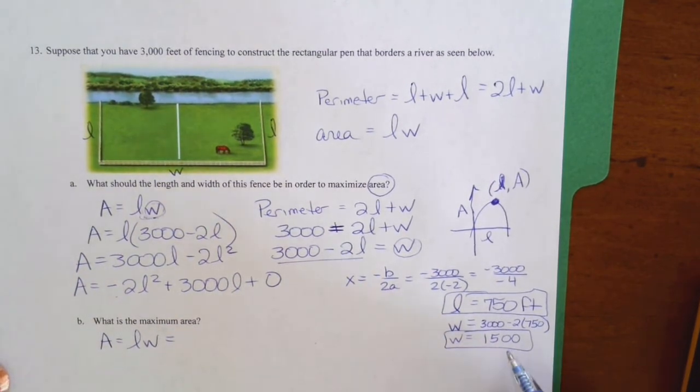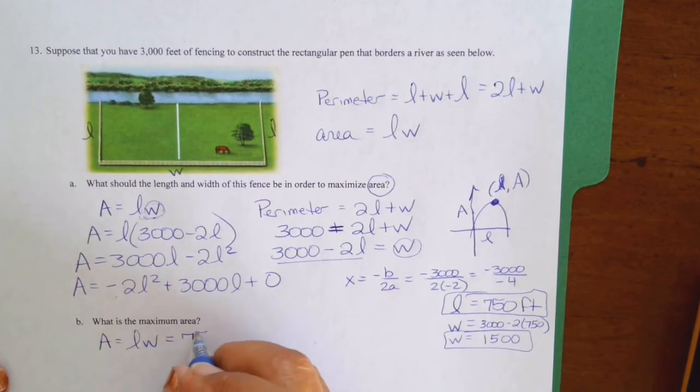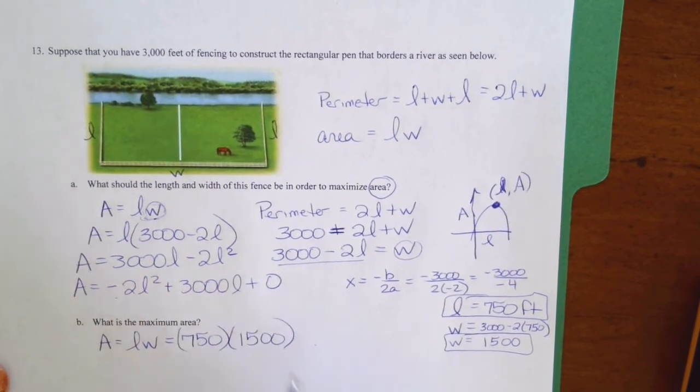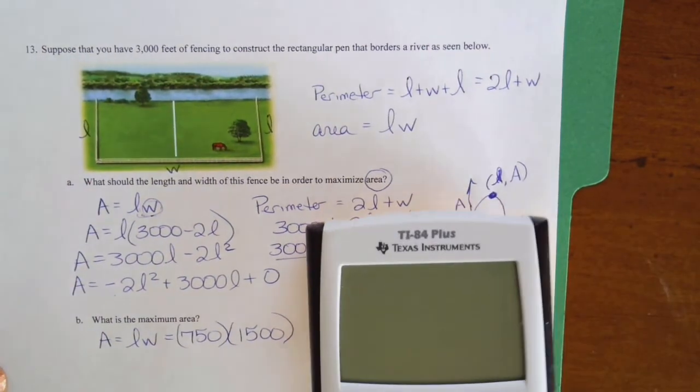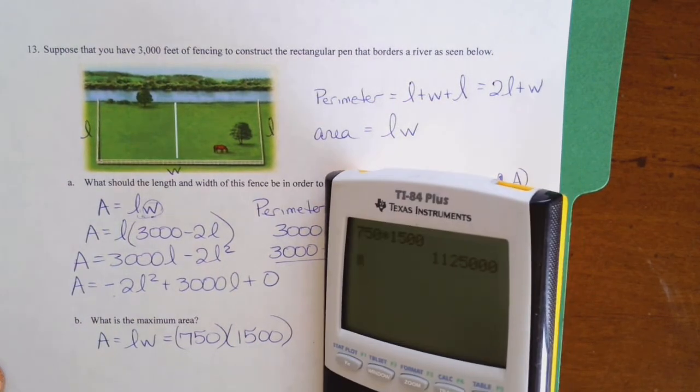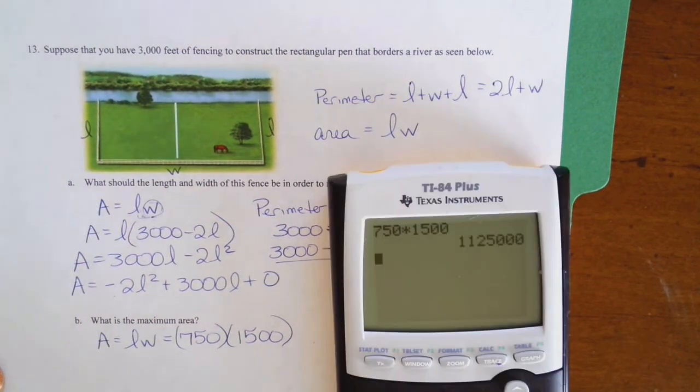So now you're going to just multiply these together. So 750 times 1,500. Okay, do that on your calculator. That 750 times 1,500. So we get 1,125,000.